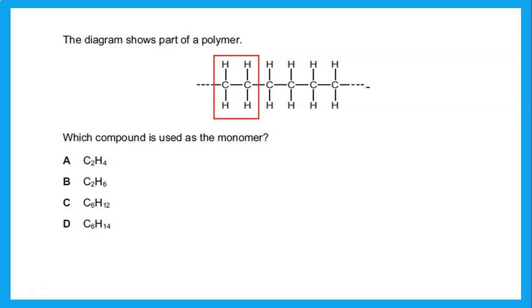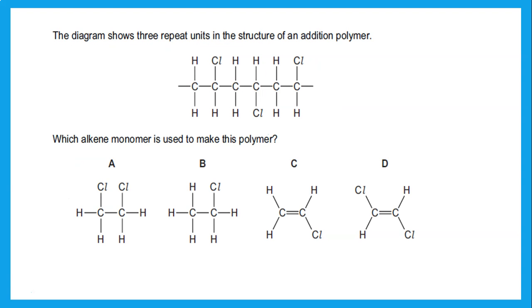We look at the first two, because this is the monomer that is being repeated many times. Going from polymer to determine the original monomer, we remove the bonds on both sides and we put a double bond in the middle. So obviously this polymer was made from ethene, which is C2H4.